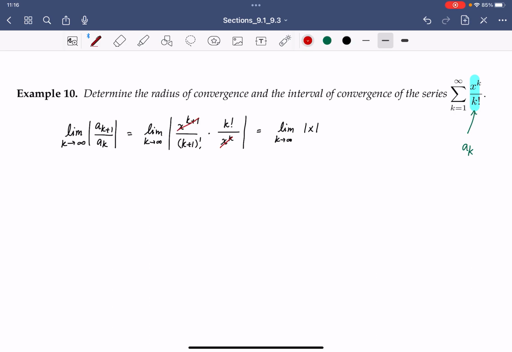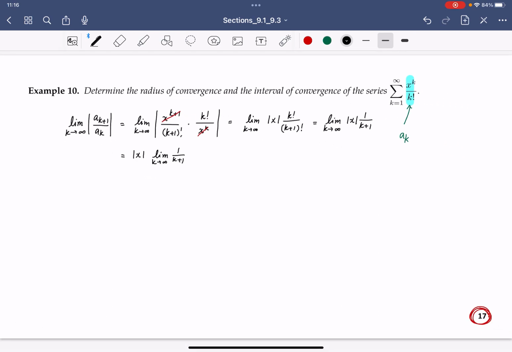So you only have x, and then you have k factorial over k plus 1 factorial, and k factorial and k plus 1 factorial are going to cancel out. So you're going to get the limit of absolute x times 1 over k plus 1. Does this make sense? And then you pull out x, so you get absolute x times the limit of 1 over k plus 1.